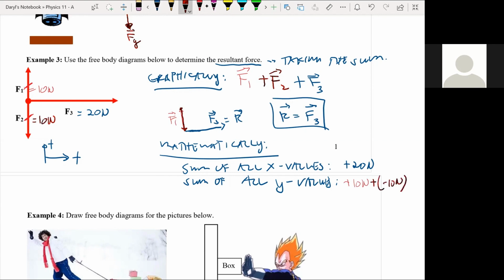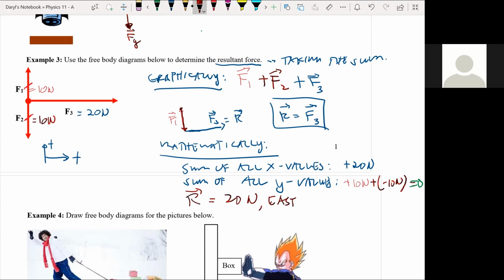If you add that up, that gives you 0. So the resultant is just equal to 20 newtons to the east.